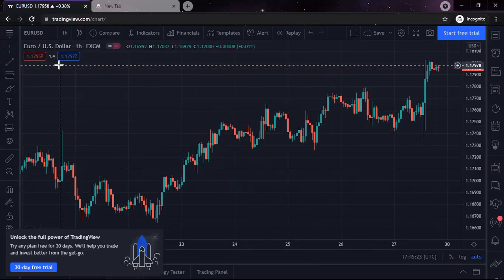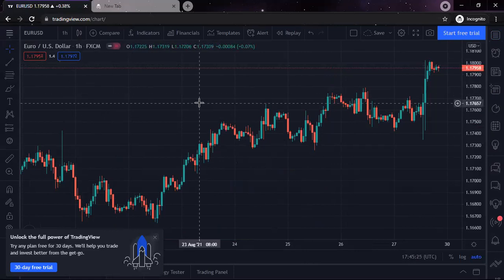Some people will say, I don't know how to add an indicator on my screen. So over here is where to add an indicator, where my cursor is. You see there is something like fx and there's indicators or strategies. So click on it.